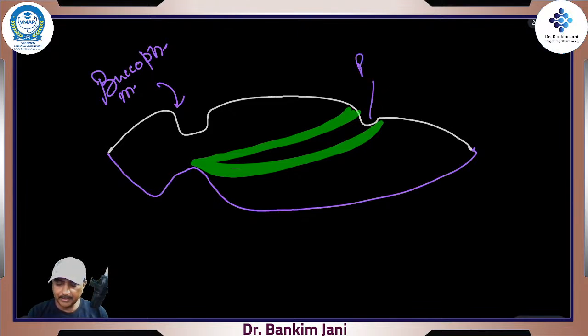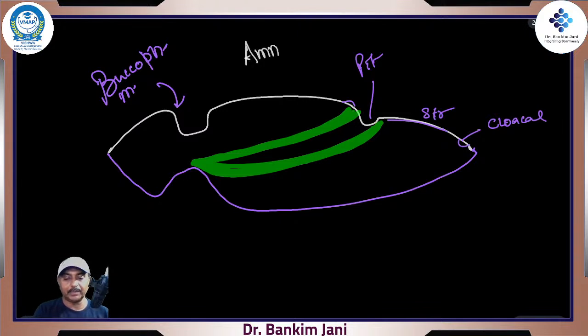This is the primitive pit. This would be the prominence, that would be the primitive node. This would be the primitive streak. This one would be the cloacal end. And if I ask you where is the amnion or the amniotic cavity, that would be over here. So this one would be the amnion, and this below part, that one would be the yolk sac.